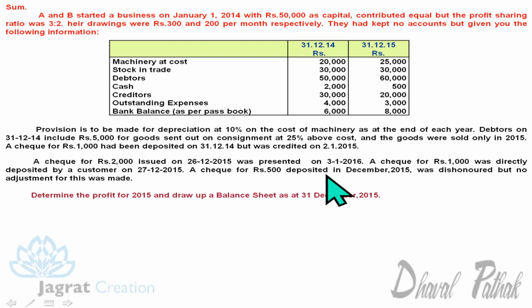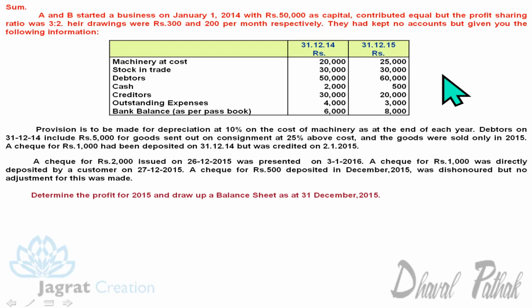A check of 500 deposited in December 2015 was dishonored, but the adjustment was not made. So the dishonored check not recorded will be added to the debtors balance. In light of these adjustments, we are required to make changes in these balances, and after amending the given balances, we will prepare a statement of affairs.